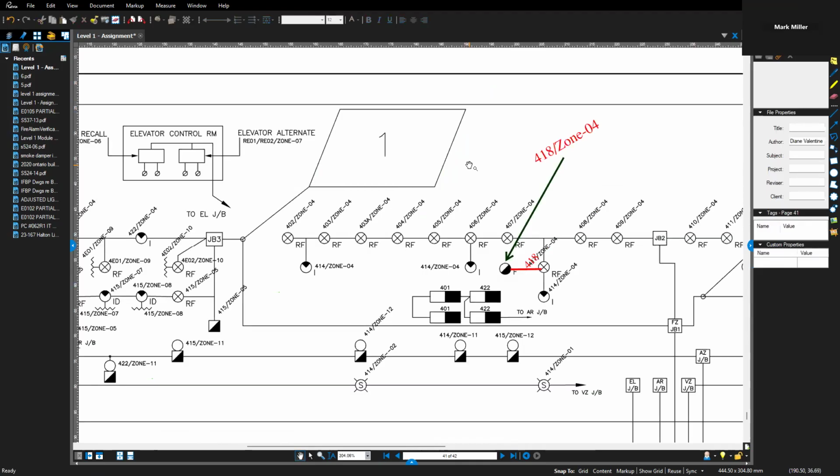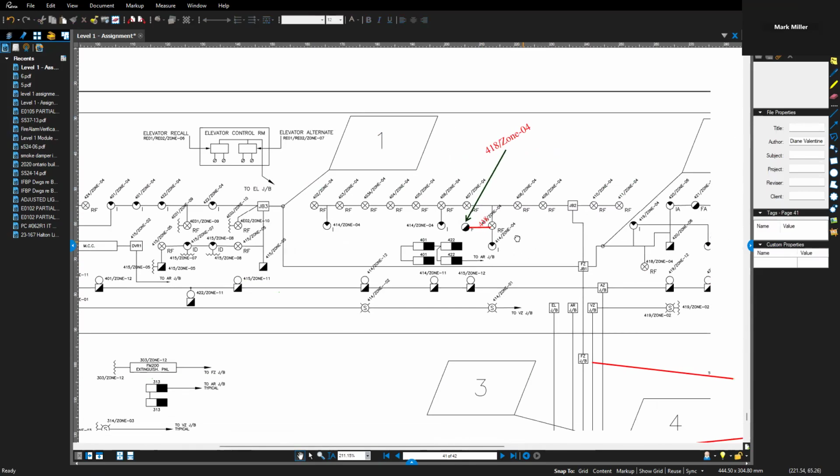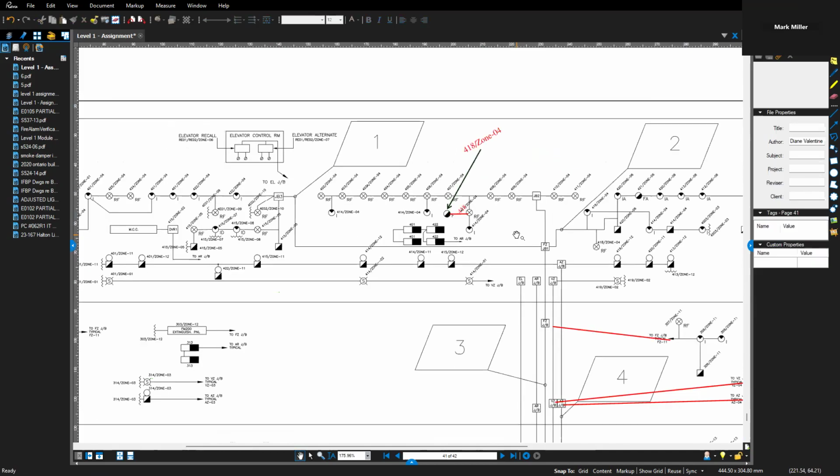Okay, so that's what I want to see done. I want to see the missing devices put on the floor plan and on the riser diagram. And that's to make sure that we don't have any errors when we go to do our flags, right?